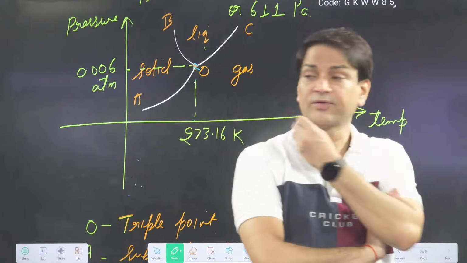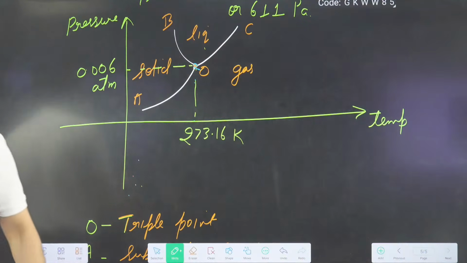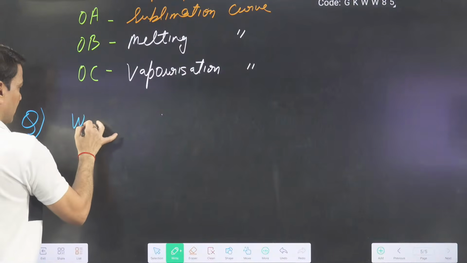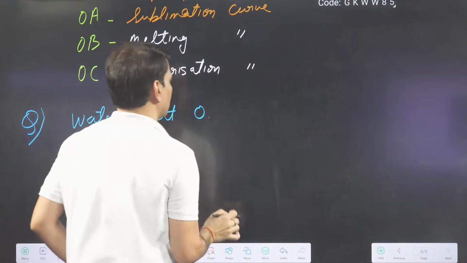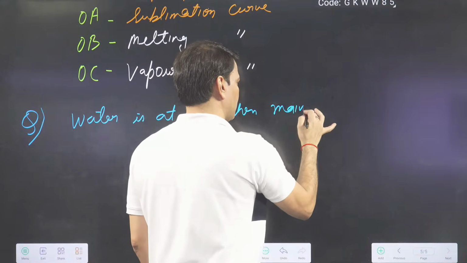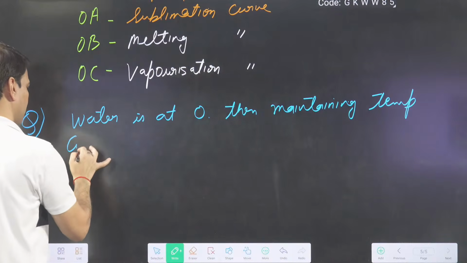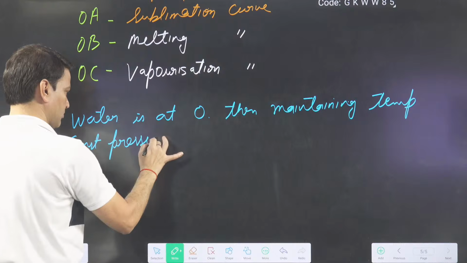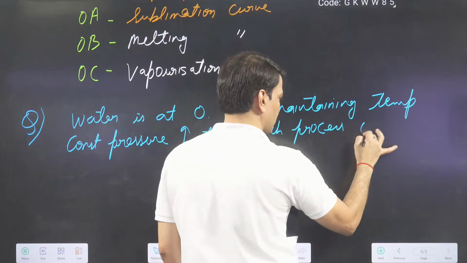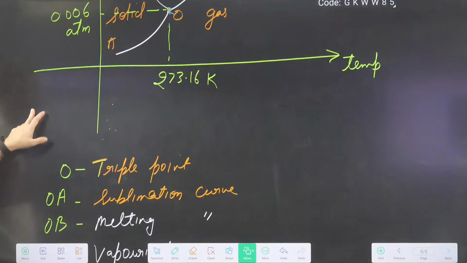Okay, now listen carefully. So state is completed. Next type of problem: if I am saying water is at O, I maintain the temperature constant and I increase the pressure.